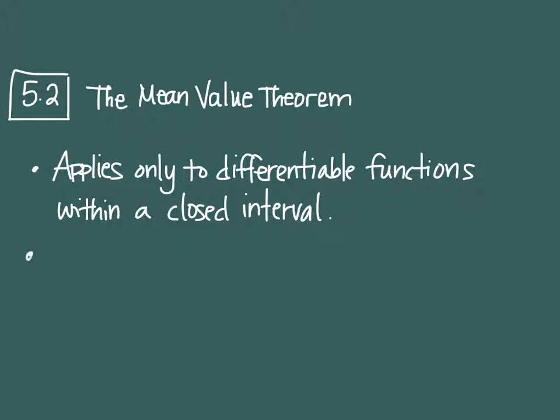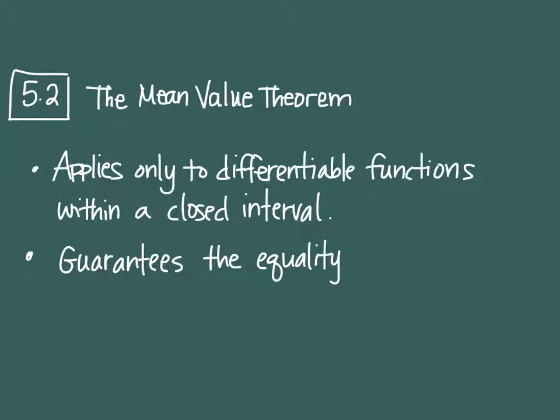And so what the mean value theorem does is it guarantees the equality, where two things are equal, of the secant slope from end to end.